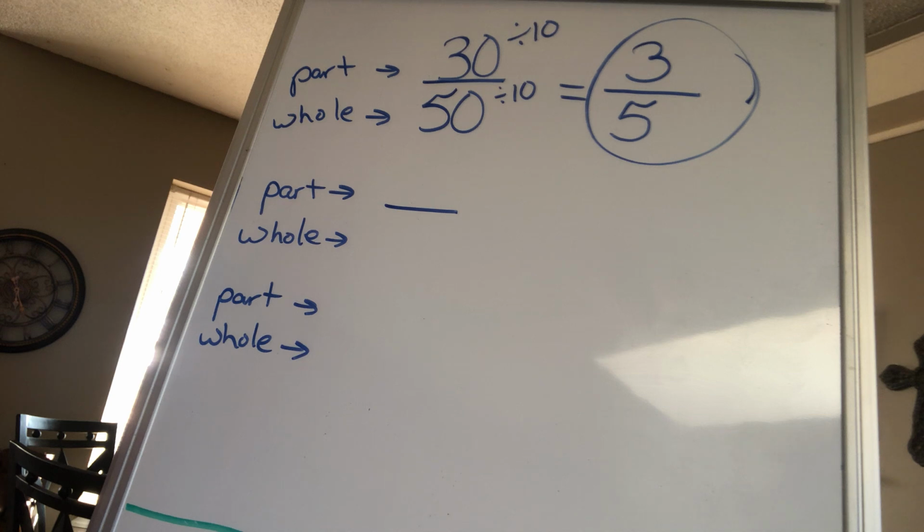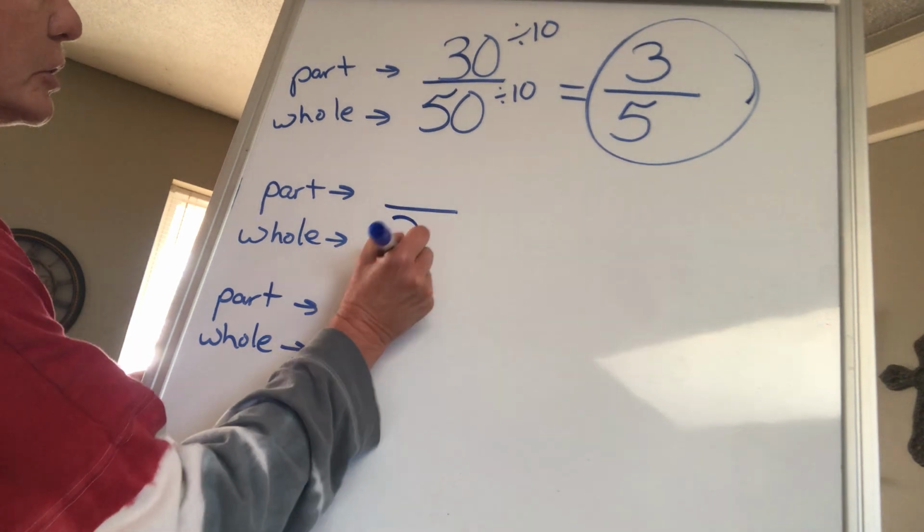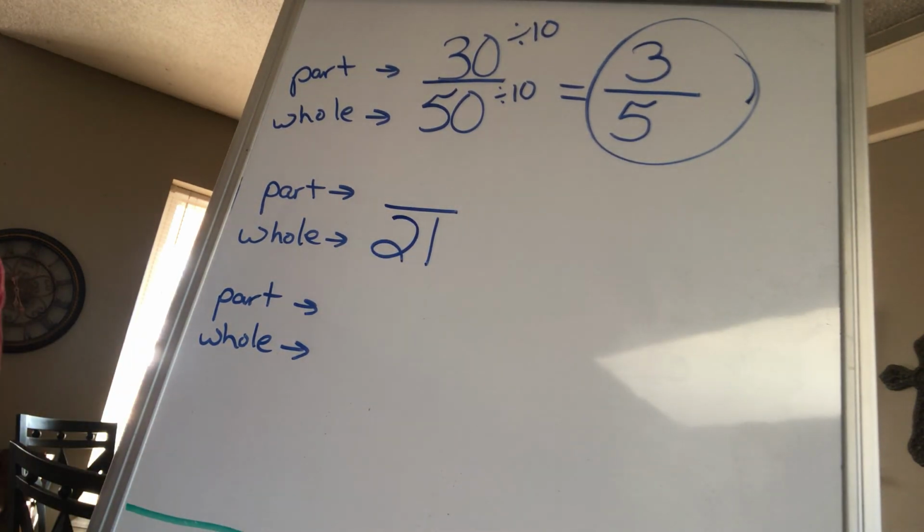Well, first of all, I'm going to get rid of a number because it gave me several numbers and I know I'm only going to be using 2. So I'm going to throw out the number 9 because that has to do with chocolate flavored cookies, and my question didn't ask me about chocolate flavored cookies. The whole number of cookies that she emptied into the jar was 21 cookies.